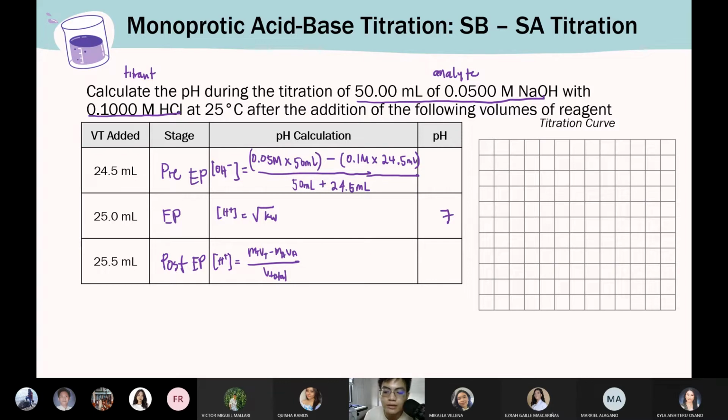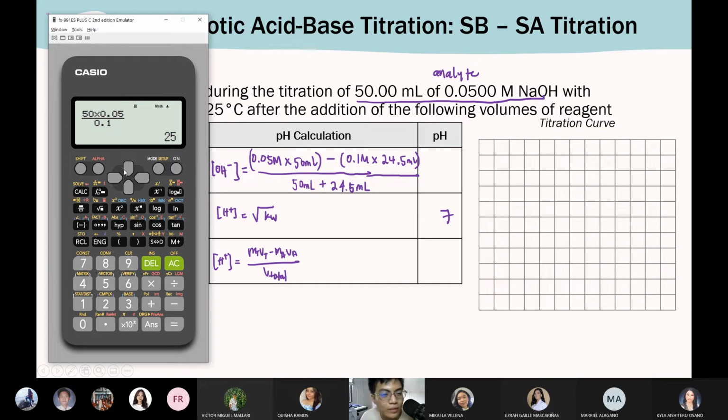Okay, according to Kyla, 10.83. Let's check. For the others, check too if it's correct. Parenthesis first. Then 0.05 times 50 minus 0.1 times 24.5, over 50 plus 24.5.